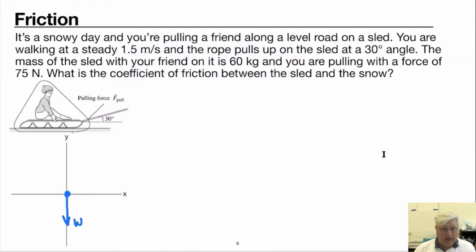And so if we're on a nice flat surface, that means our weight and normal force are equivalent to one another. Okay, what else do we have going on here? Well, we're pulling the rope on a sled at a 30-degree angle. So the force of the pull is going to look something like this.